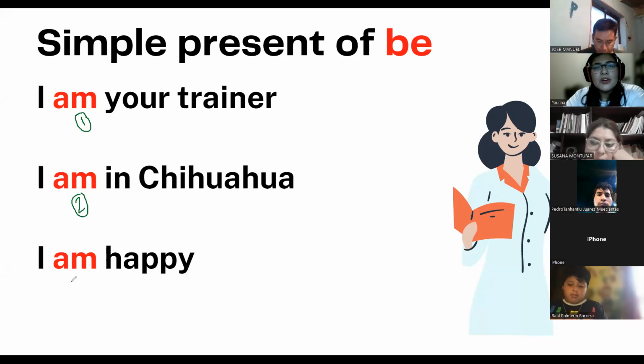Lo mismo con I am happy, estoy feliz, situación temporal. Ahorita estoy feliz, a lo mejor en una hora no voy a estar feliz, a lo mejor mañana no voy a estar feliz. Entonces, número 1, soy, ser. Número 2, estar.